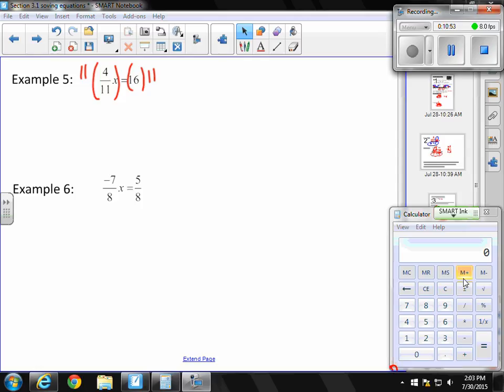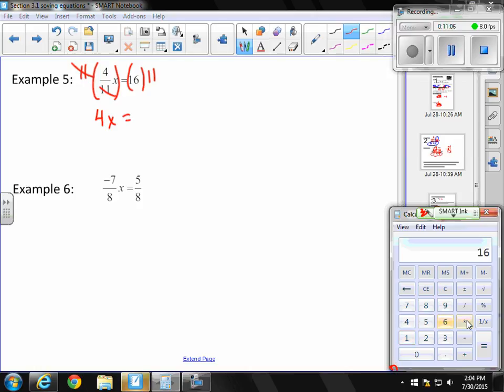So here when I multiply by 11, my 11s cancel out, leaving me with 4x equals 16 times 11. This is where I'm going to use that calculator. 16 times 11 is 176.